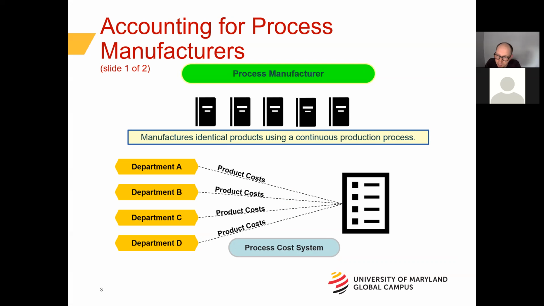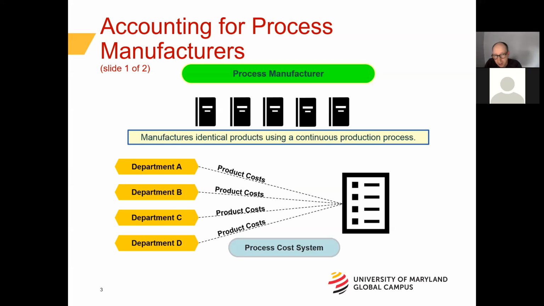And in process manufacturing, we have multiple departments that the product moves through. Think of a conveyor belt or an assembly line or a series of machines. The product moves from one machine to another machine to another machine, and then ultimately to packaging. That is continuous. That is a process.